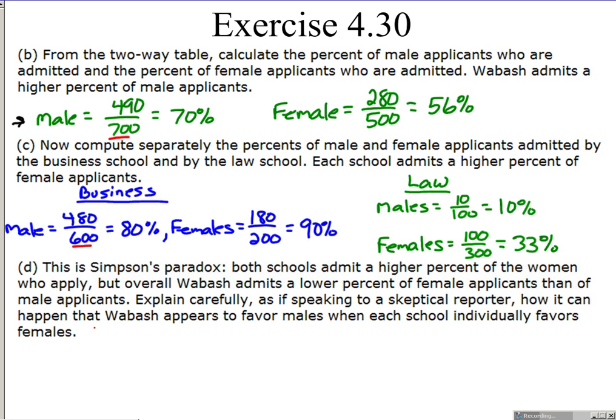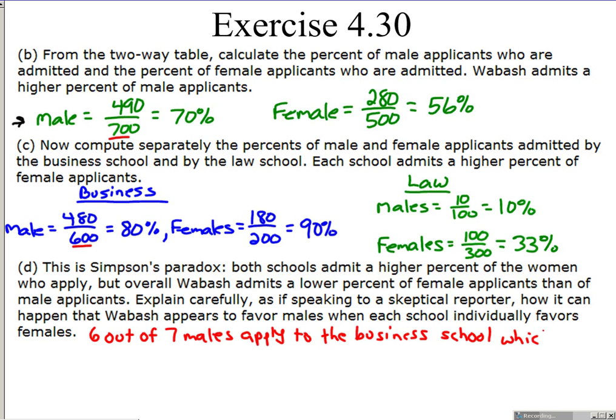So that means 6 out of 7 males apply to the business school, which admits 82.5% of all applicants.